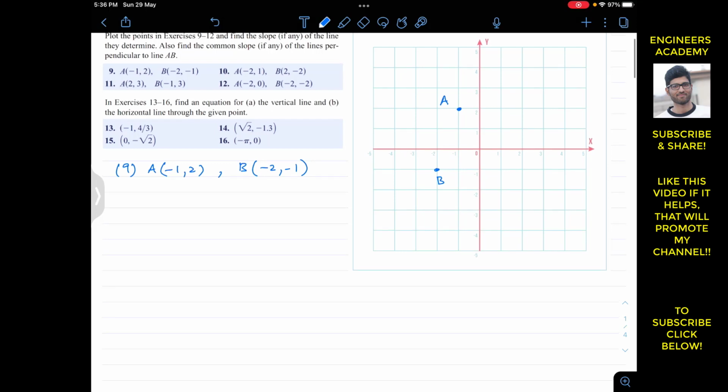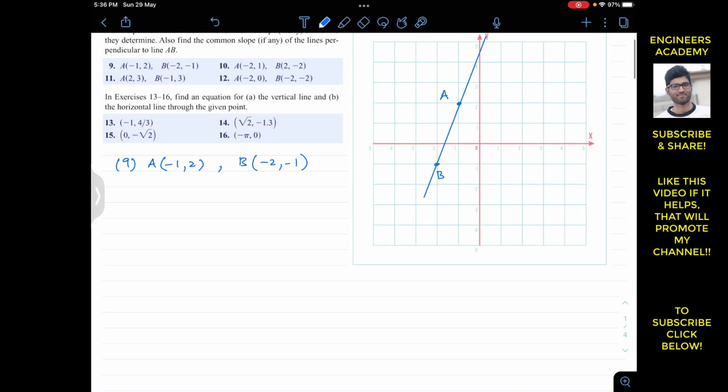Now if I join point A with B, this will be the line which passes through these 2 points, and we are going to find the slope of this line. The slope is always equal to rise divided by run.